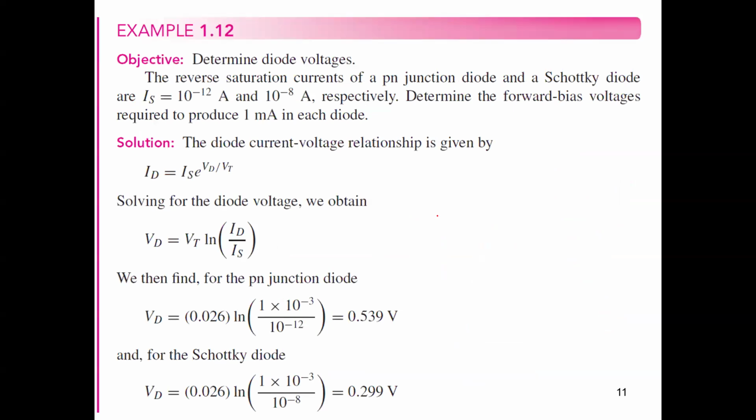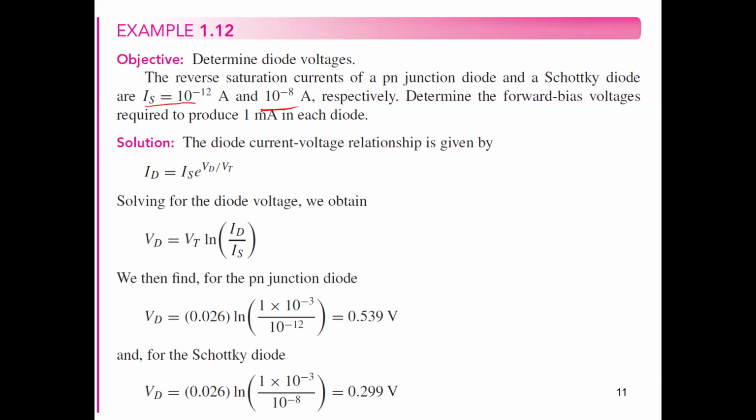Here, guys, this is a numerical example to show the differences between the Schottky diode and the other diodes. In this example, we need to determine the diode voltage. We have the reverse saturation currents of a PN junction diode and the Schottky diode, which are 10 to the power minus 12 and 10 to the power minus 8.